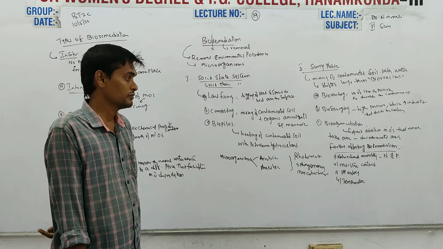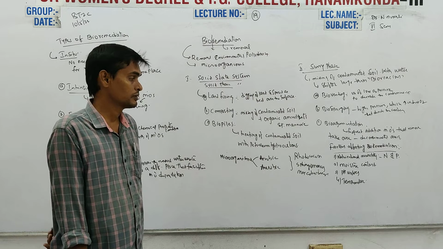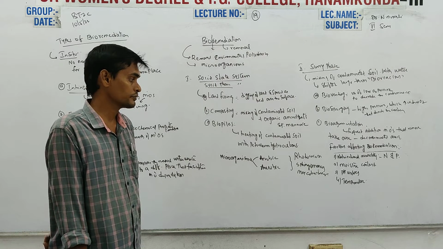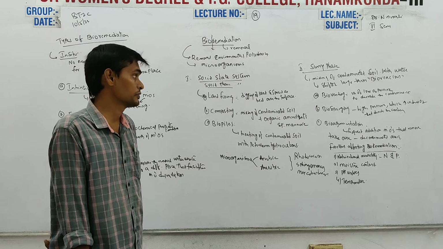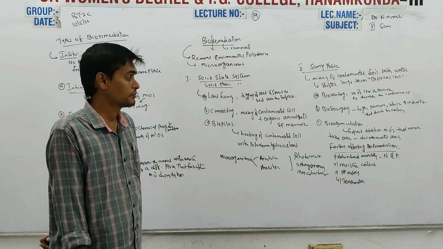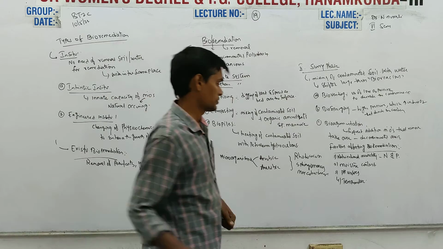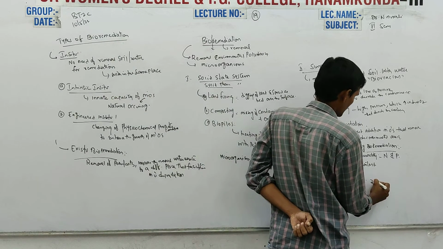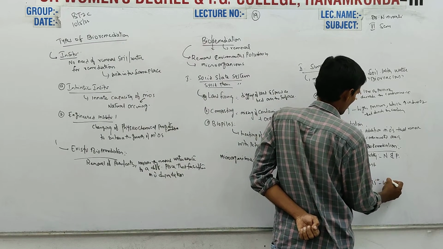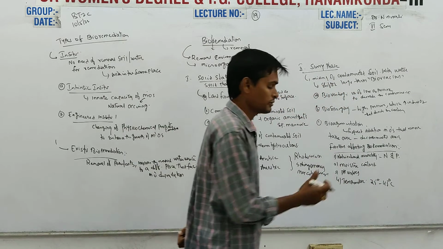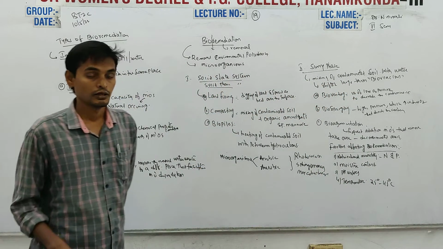In order to survive, the microorganisms need a certain moisture content. And pH values also play a key role in the growth of microorganisms. And finally, temperature. The temperature range is 25 to 45 degrees centigrade. Different bacteria, different microorganisms will have different temperatures for their growth.